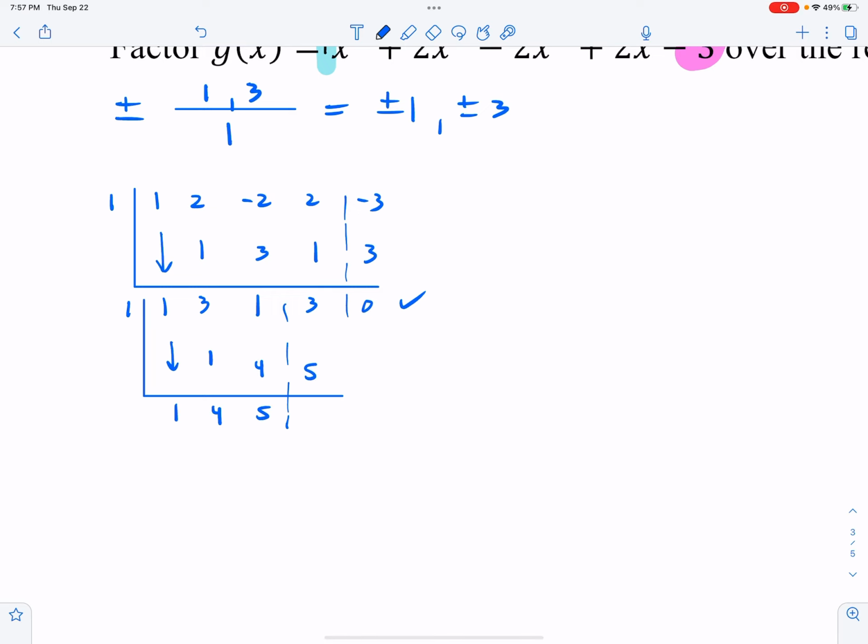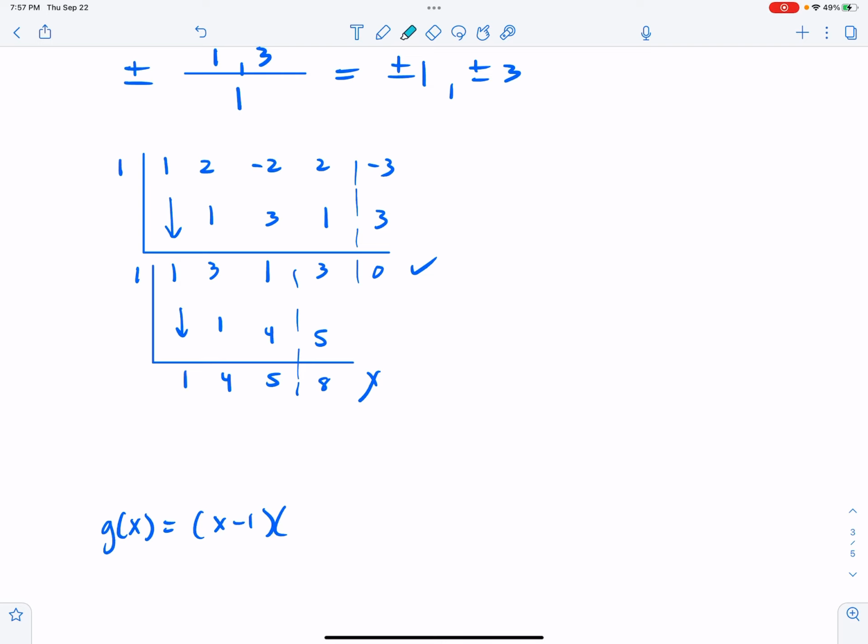But what we know right now is that g of x can be written as x minus 1 times x cubed plus 3x squared plus x plus 3.